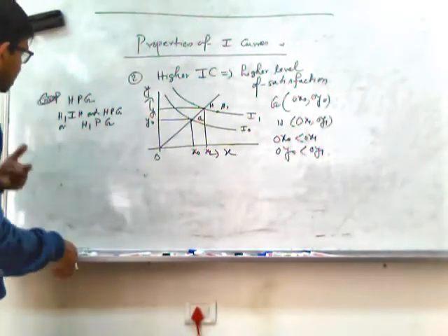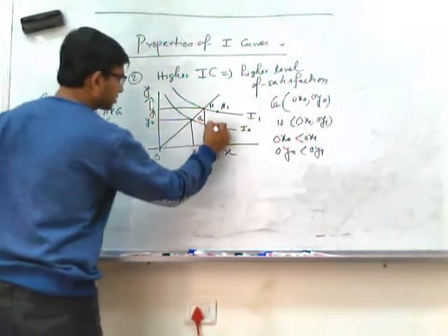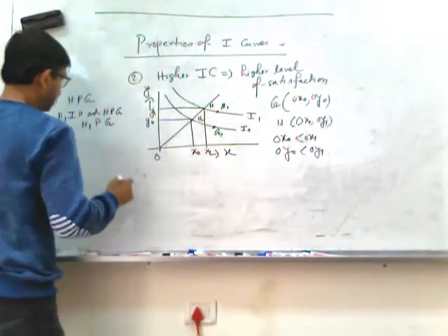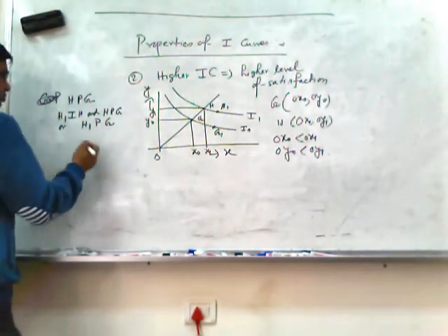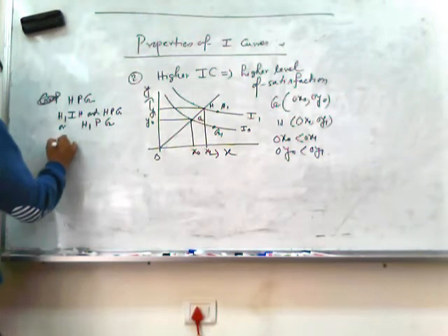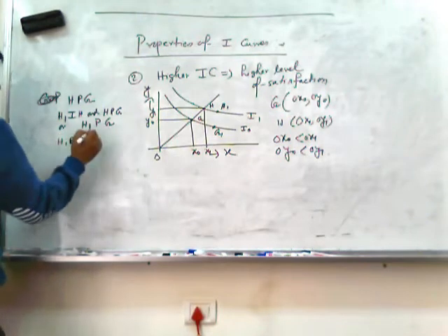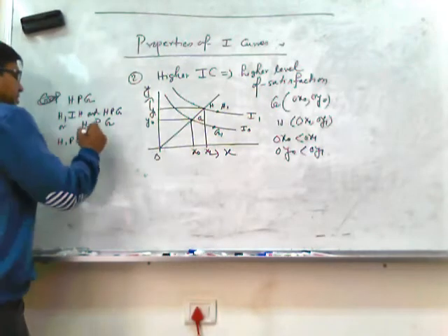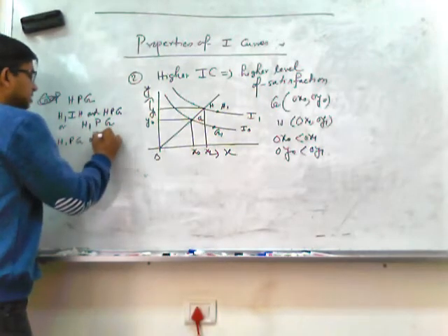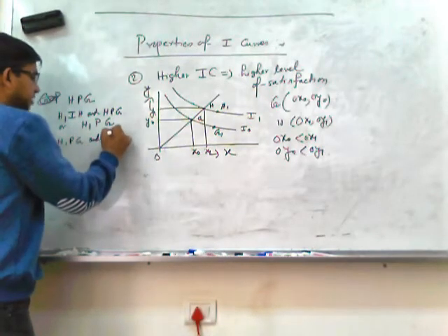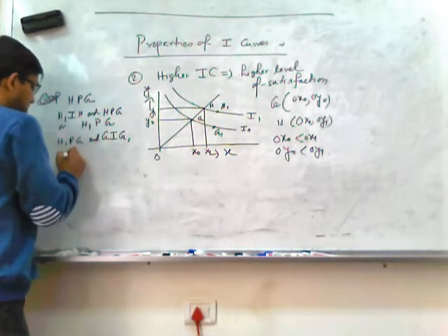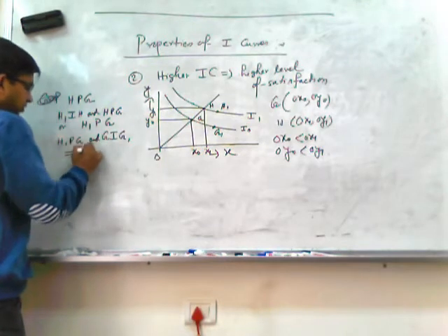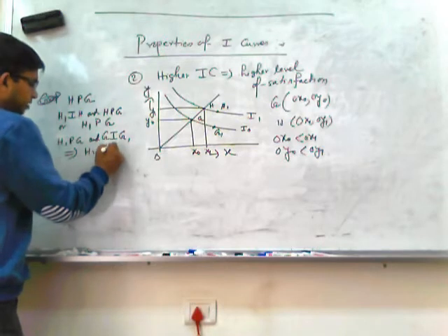Next, if we consider another point G1, let's compare H1 and G1. H1 is preferred to G, as we have already proved, and G is indifferent to G1. So by the axiom of transitivity, H1 is preferred to G1.